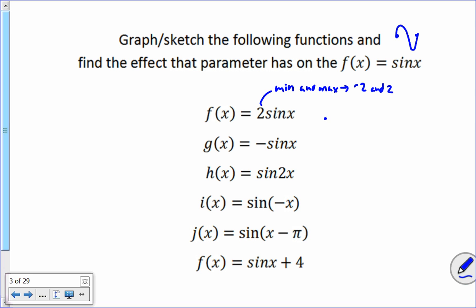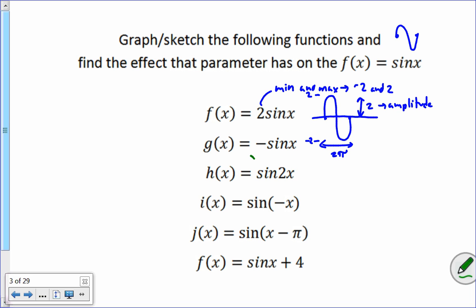It's still going to be 2 pi, but here it's going to be 2 instead of 1, and at the bottom, -2. That's what we call the amplitude. So we can say it's a vertical stretch. It's not changing the horizontal compression.